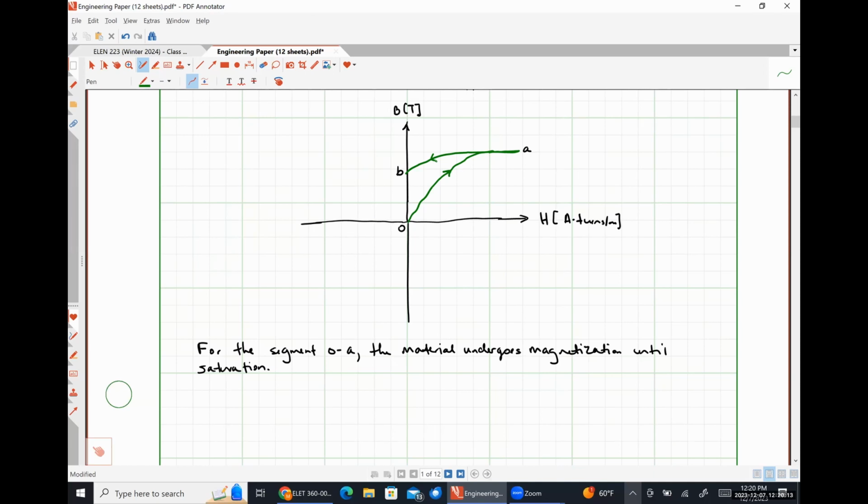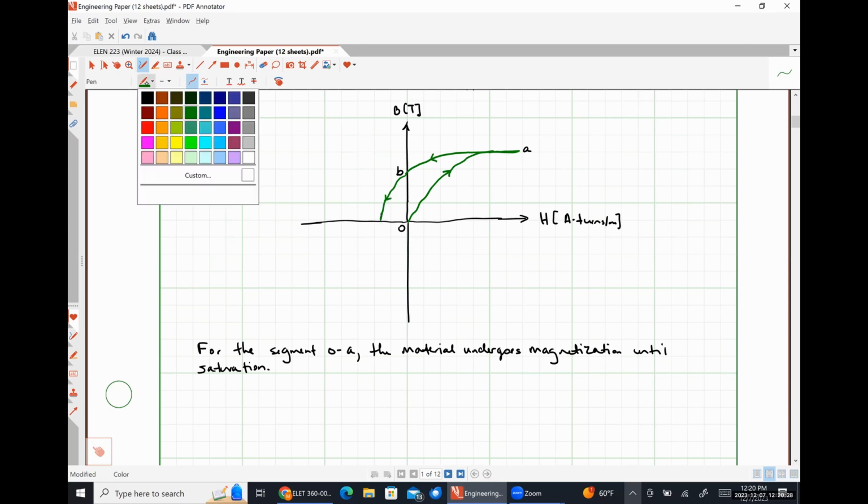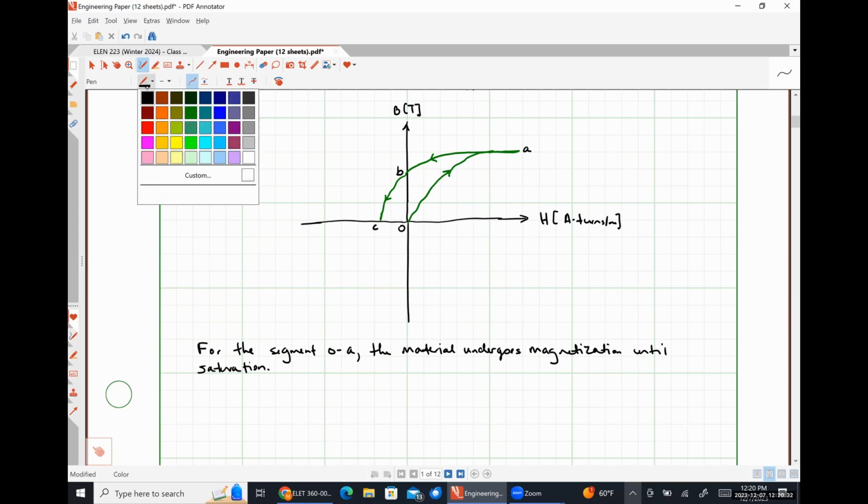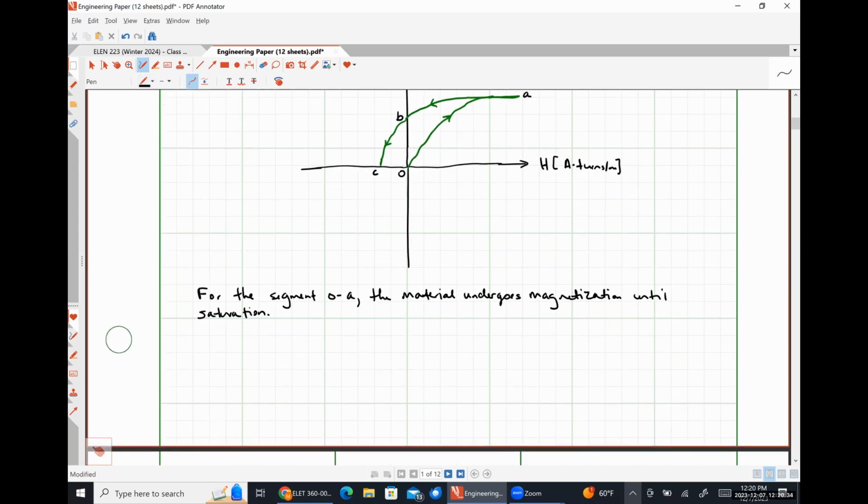It takes us applying an external field in the opposite direction in order for us to actually demagnetize our material. So this will be point C. So let me write some things down here.